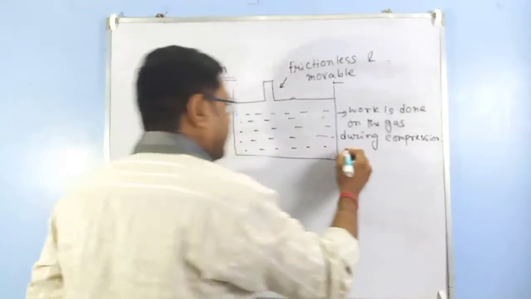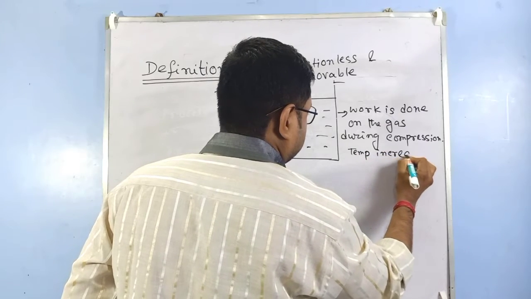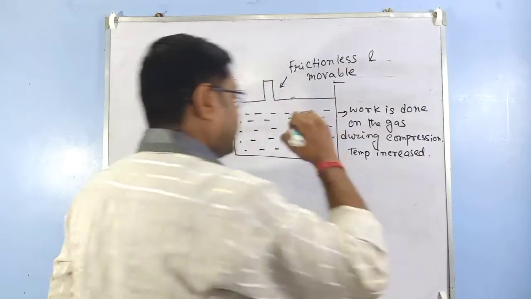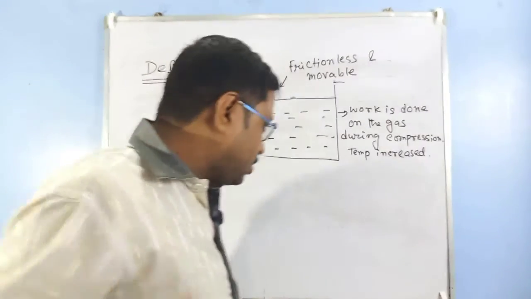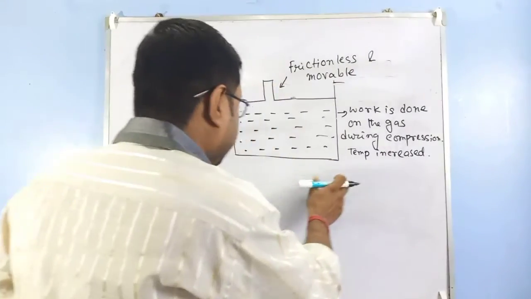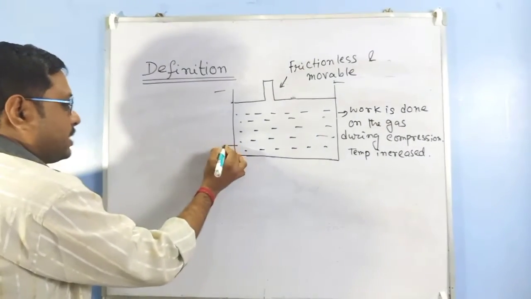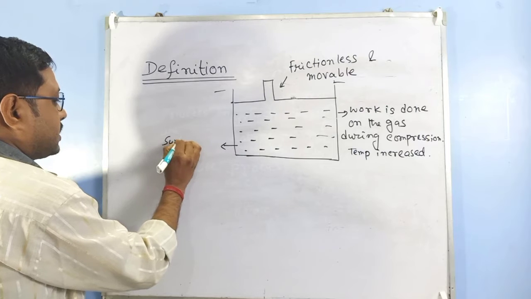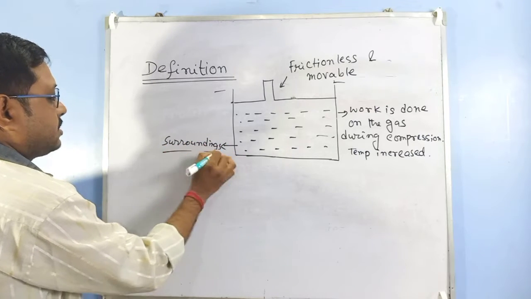So the temperature increases, but we know that in an isothermal process the temperature remains constant. So this increased heat can be transferred to the surroundings so that the temperature of the system remains constant.